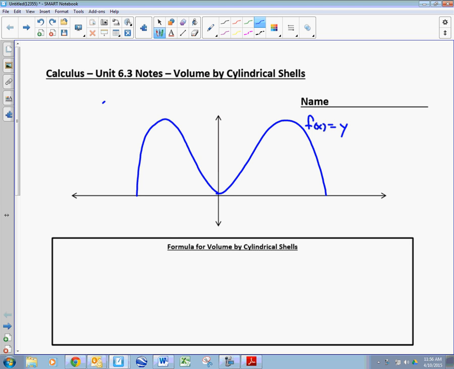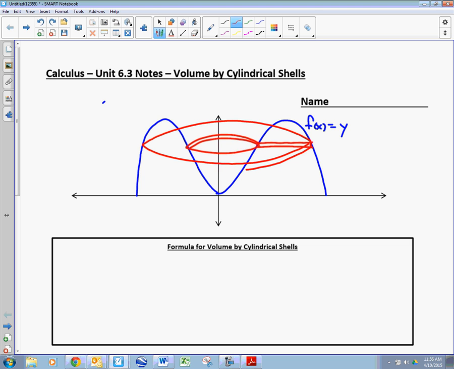And now, Bo sees the trick right here. Don't draw this. If we do the washer method and you draw the rectangle like such and you rotate it around, you can see that we have a problem with the resulting region.